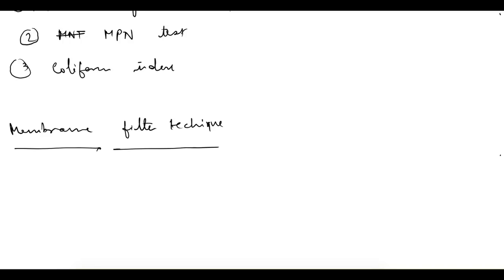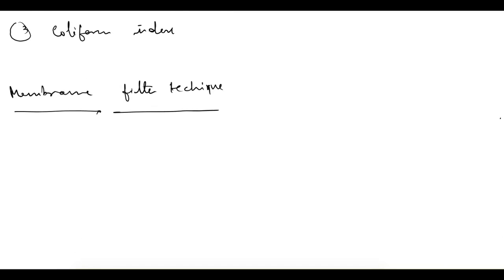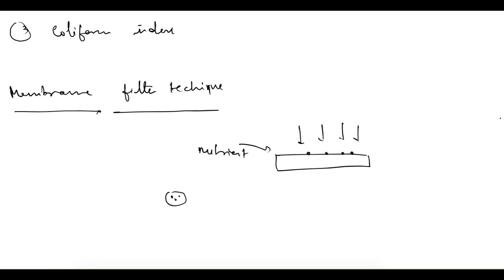Now in this test, a filter is taken. You filter the water through it, so bacteria will remain on that filter. After that, you put some nutrient on this filter. Because of that nutrient, a single bacterium, if it is there, will develop a colony, many more bacteria will come, and this will become visible.